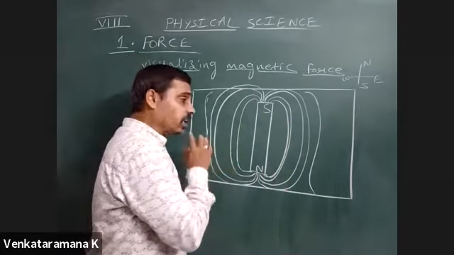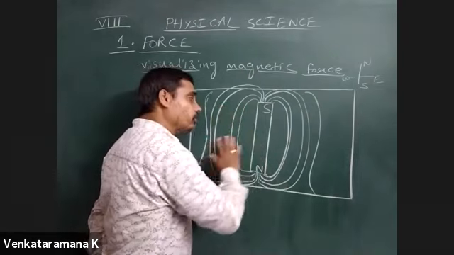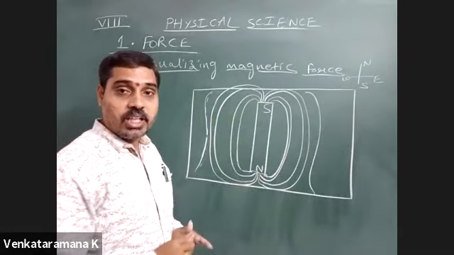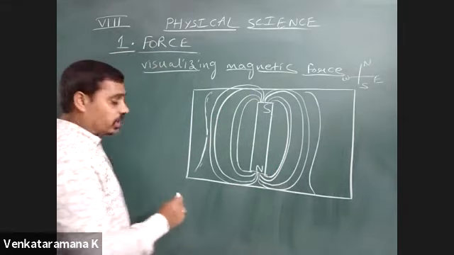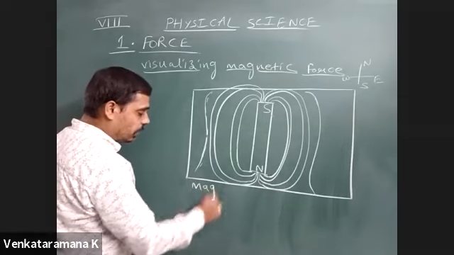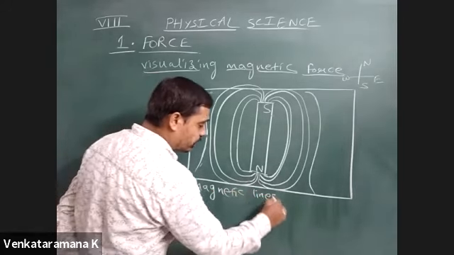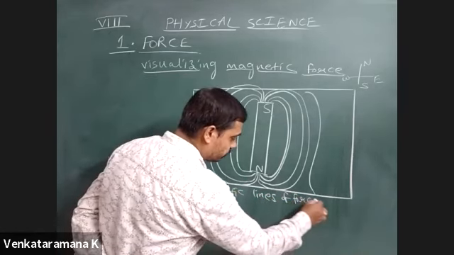These imaginary lines, which surround this magnet, we call magnetic lines of force. Magnetic lines of force are simply the forces of the magnet.